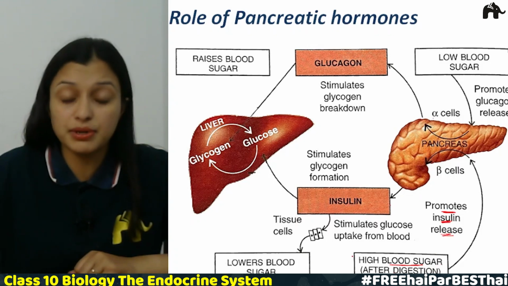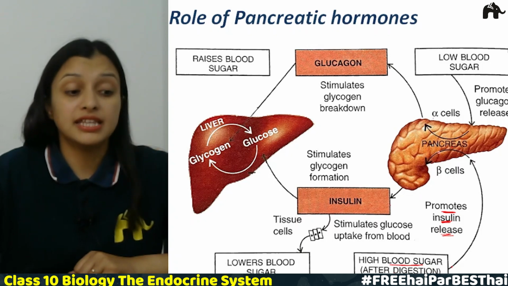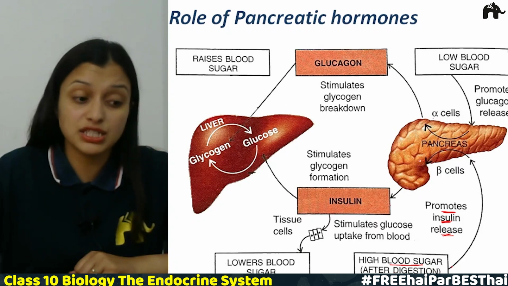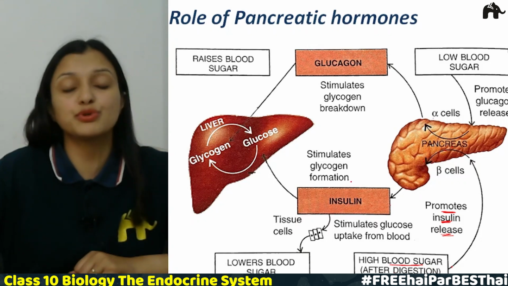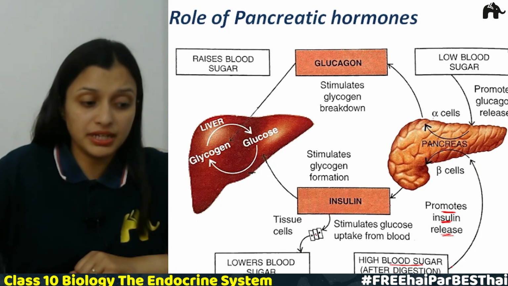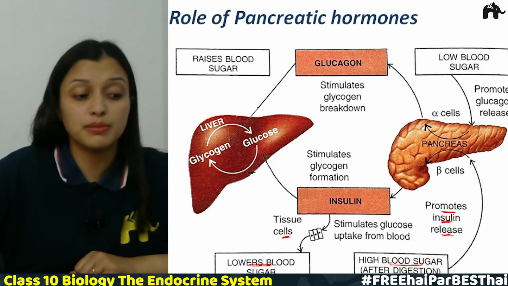So this high blood sugar will send a signal to the pancreas, then the beta cells of the pancreas will start producing this insulin, and when this insulin is produced in the body, it will go to the tissue cells, and in the tissue cells it will lower the blood sugar.